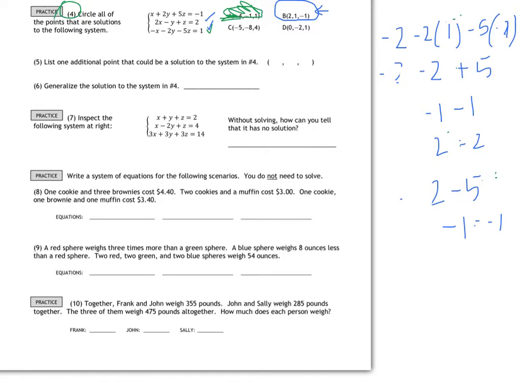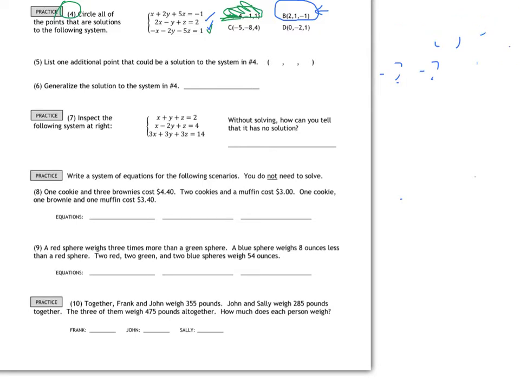We'll try C. We're going to put C into all 3 equations. Again, we're going to start by putting it into the bottom one. So we'll do red. We're going to look at C now. So we are very careful. We have negative 5 minus 2 times negative 8 minus 5 times 4.